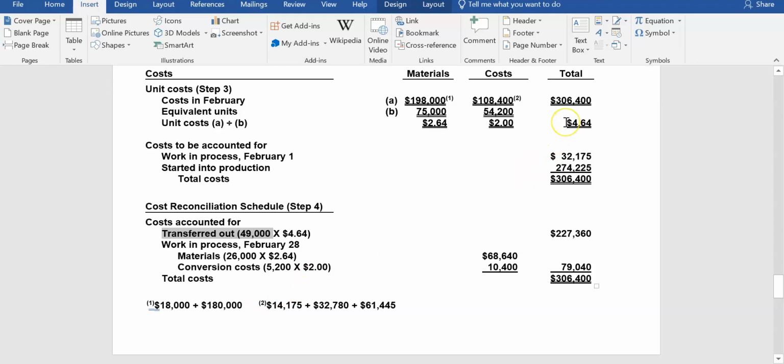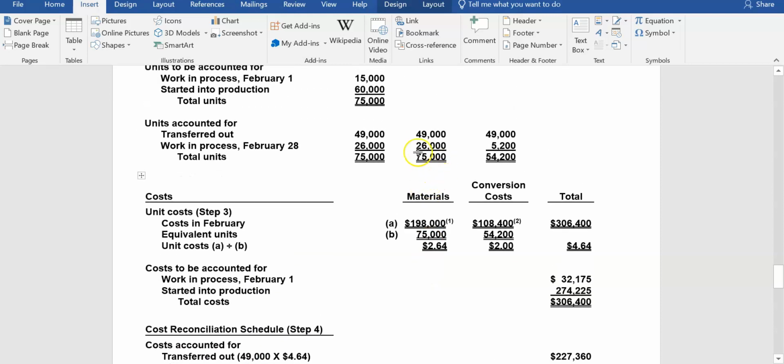They were 100% complete. Total equivalent unit per unit cost of $464. We need to transfer out 227,360 out of work in process and into the next account. We will leave the remaining amount in there, but let's reconcile it.